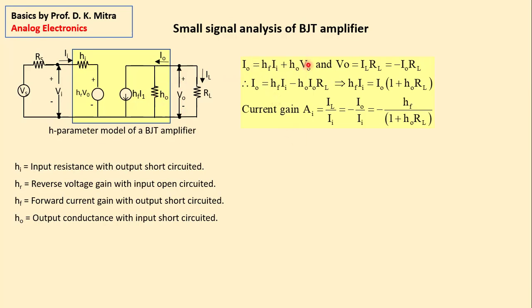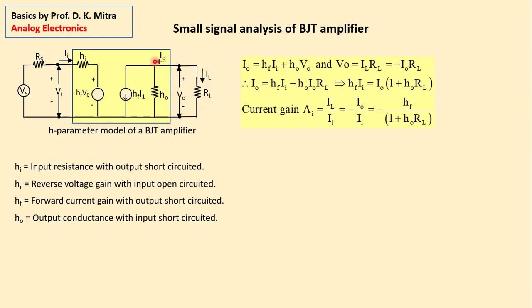So this is one current equation. Another equation: VO is equal to, this is the positive side and current is flowing in this direction, VO is equal to IL RL, right?